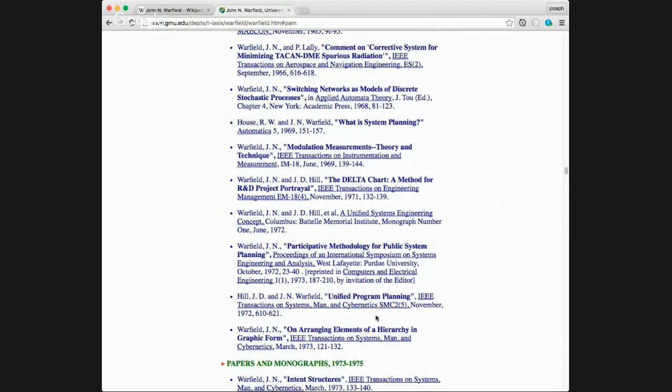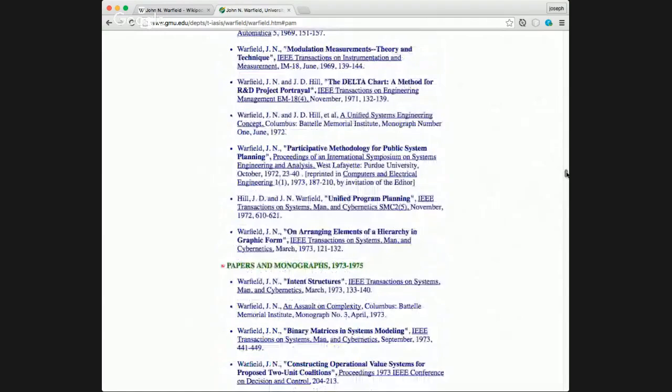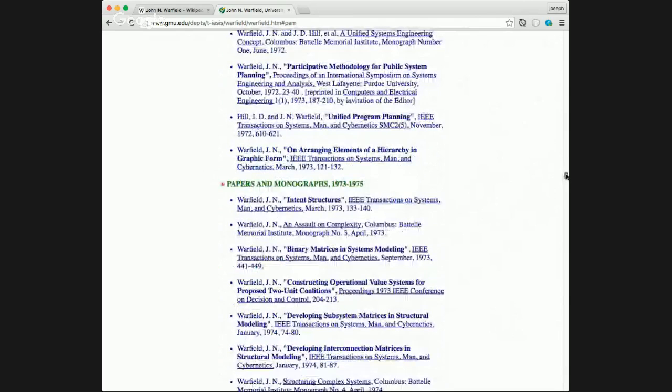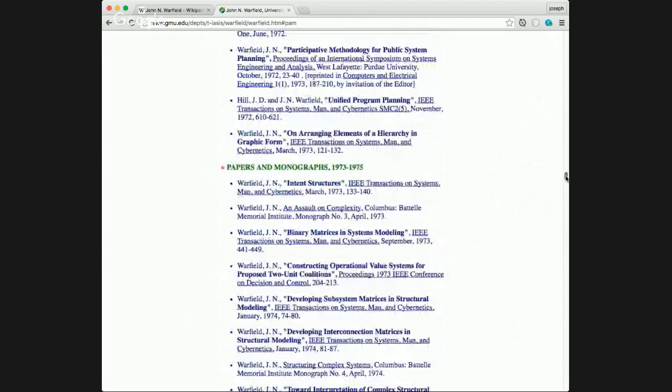We're looking at large scale applications of these basically circuit design and mathematical techniques. And then 73 to 75, there's a large number of publications here on intent structures, which are a type of structural modeling approach, and binary matrices and systems modeling.